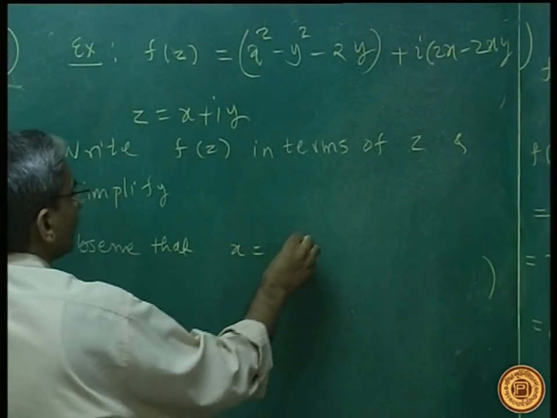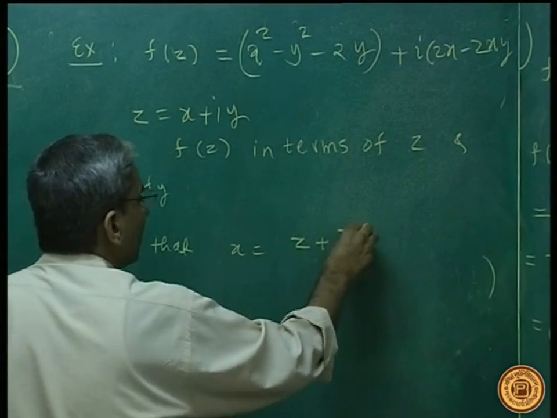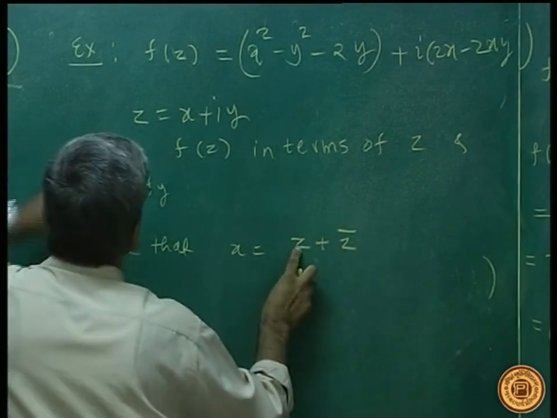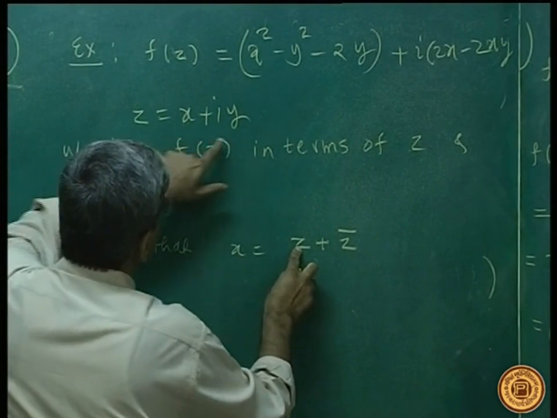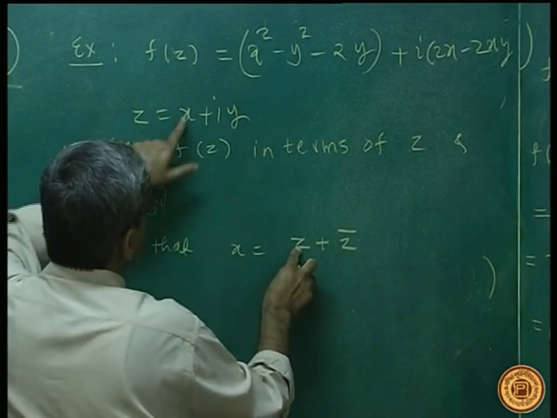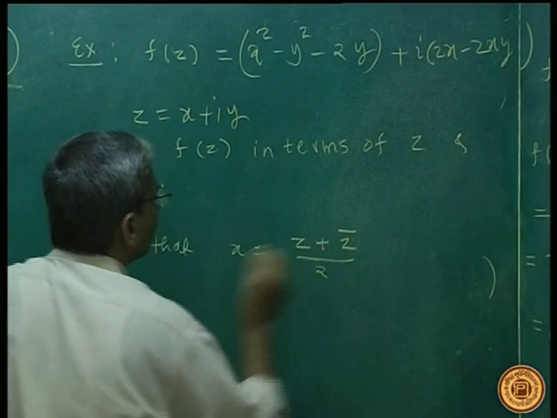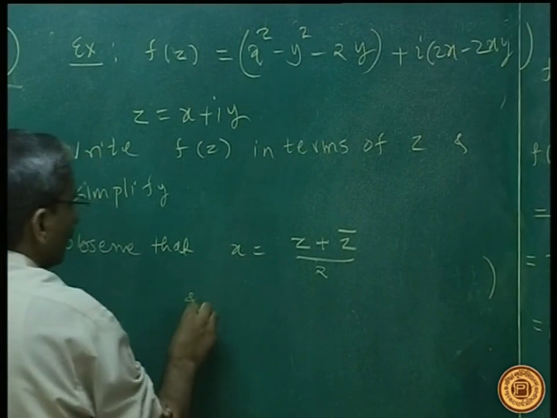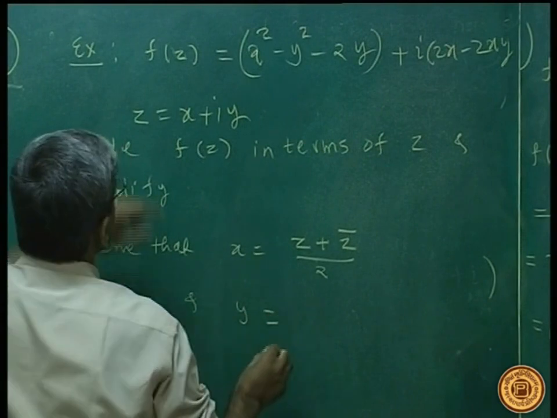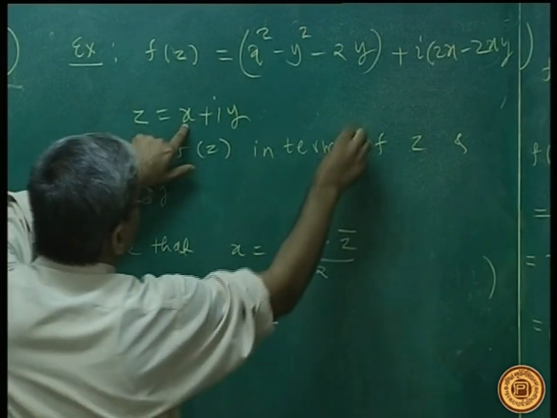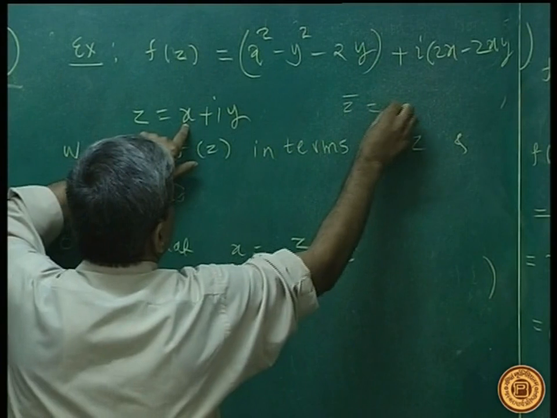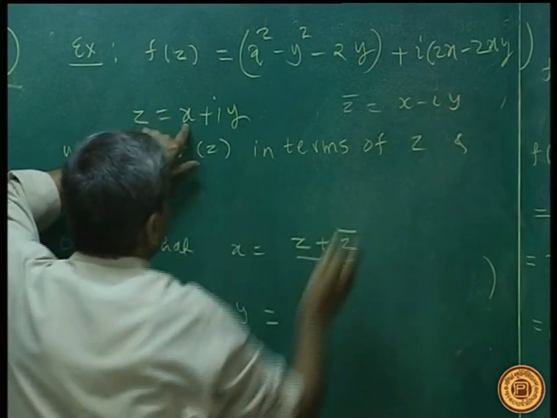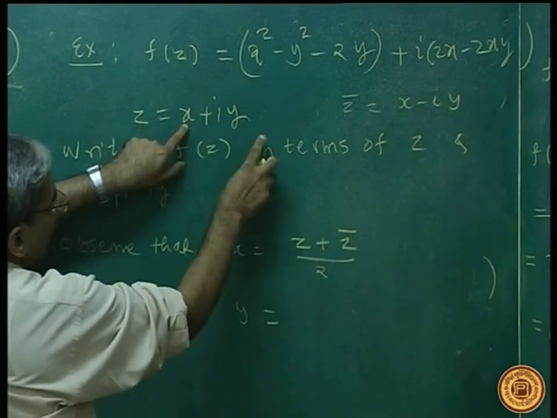x is equal to (z plus z bar) by 2. So what is z plus z bar? x plus iy plus x minus iy. So this will get cancelled, so 2x, so divided by 2. So do you see that x is equal to (z plus z bar) by 2? And what is y? So this is z. So what will be z bar? Let me for your convenience write z bar here: x minus iy. So z minus z bar will be what?